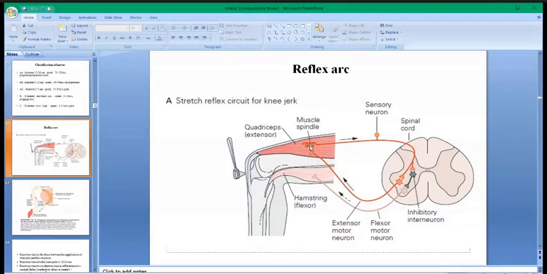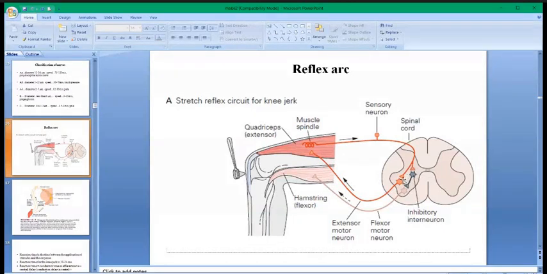So when the muscle spindle, the receptor, is stimulated, then the impulse is carried towards the cell body by this portion, the dendron, and then the impulse is carried from the cell body towards the central nervous system, that is axon.